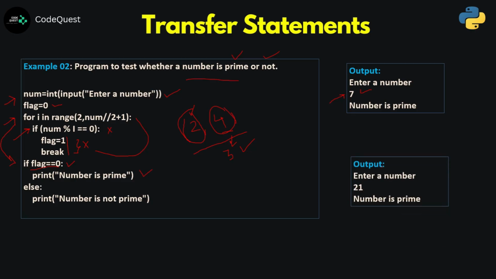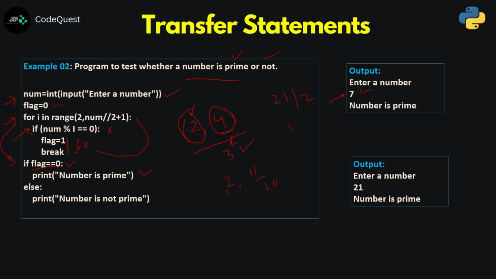Now let's say we have taken one more number, 21. Now when I'm taking 21, once again the flag is set to 0. Now this for loop, i in range of 2 comma 21 by 2 plus 1, that is 21 by 2 is nothing but 10, 10 plus 1, that is 11. So the range is 2 comma 11, meaning it is going to start from 2 and go up to 10.